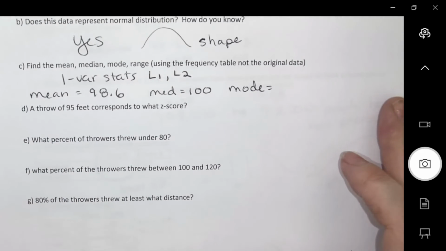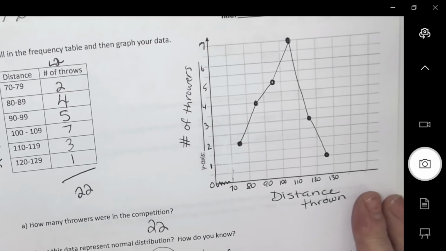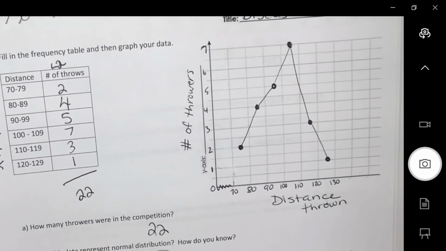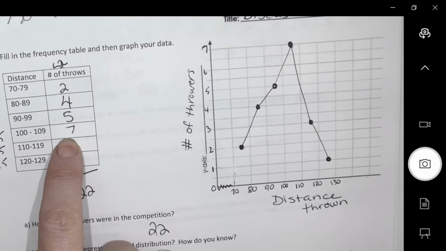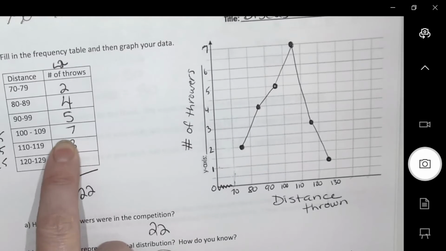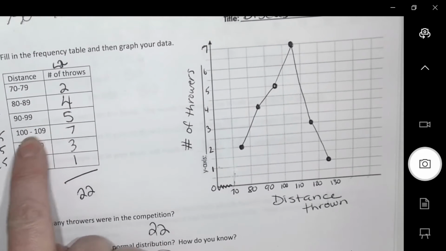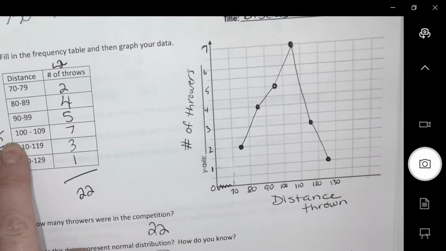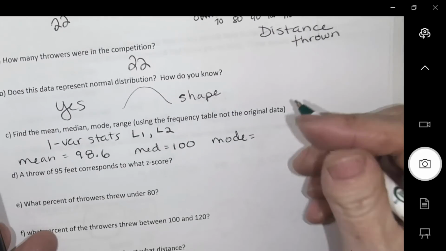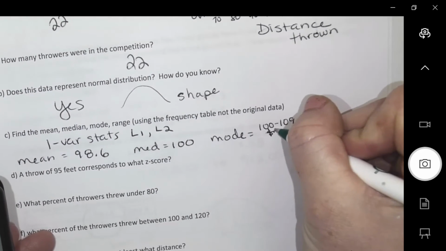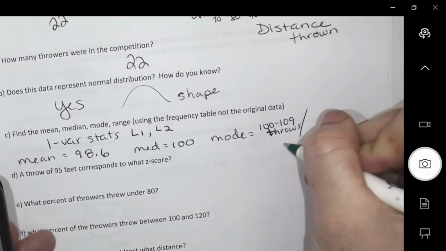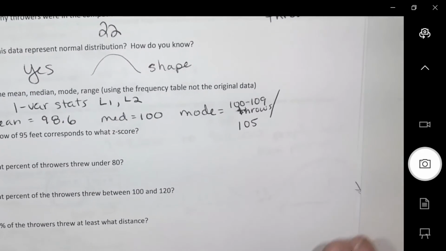The mode, I'm actually going to look at my frequency table here. Which interval was the highest interval? This. So I'd be okay if you wrote the interval or the 105. I don't care. If you had written me either that interval or the midpoint of that interval, I would accept both of those.